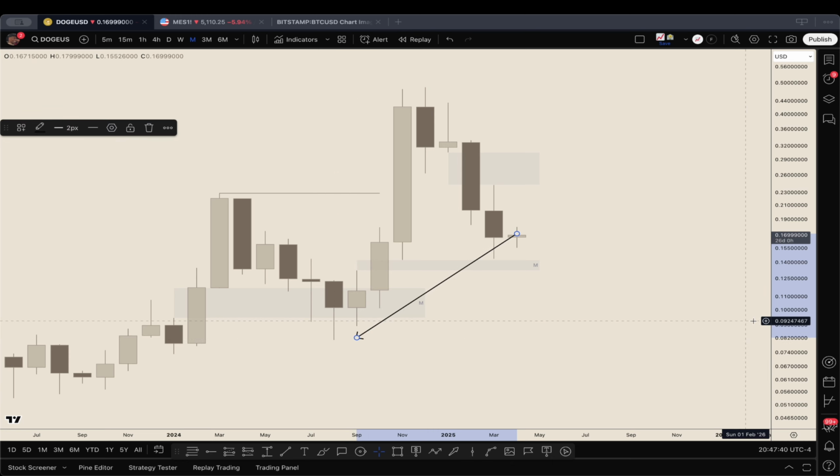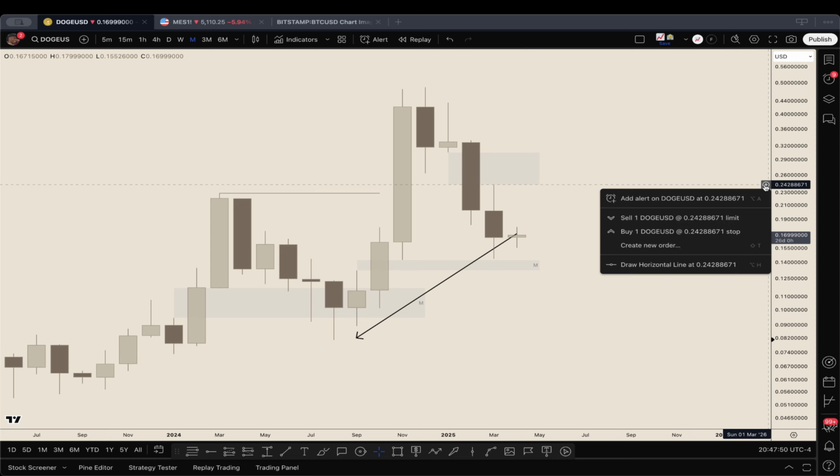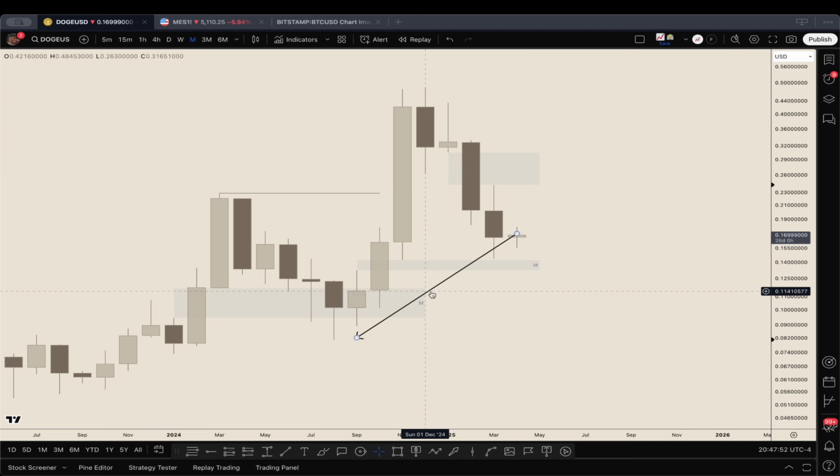So what I'm gonna do is I'm just gonna put an alert here in the event that the worst case happens. But I'm also gonna put an alert here on this sell side imbalance, because if we get in here, we'll need to gauge and see if price can invalidate this, right? So if we get up here, we need to see if price can hold and not get below this, right? So we don't want to see price come in here and then go lower.